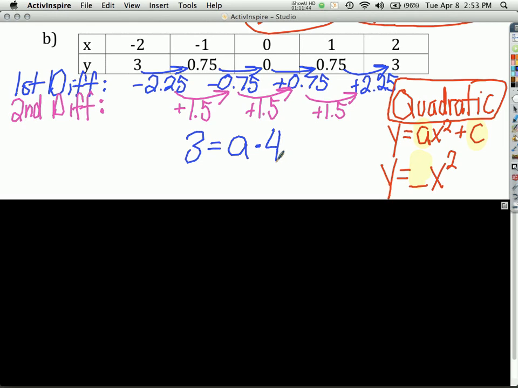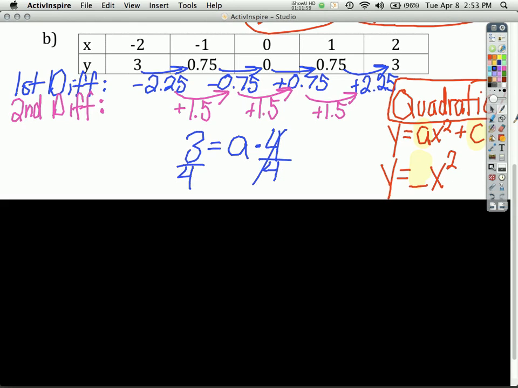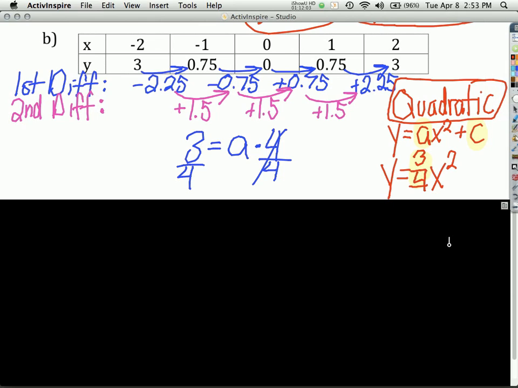Only 4 of my students can solve this simple one-step equation. Well, you don't need a decimal because it comes out to a perfect fraction, but yeah, it comes out to 0.75 or 3/4. And so y equals 3/4 x squared is the equation of this function.